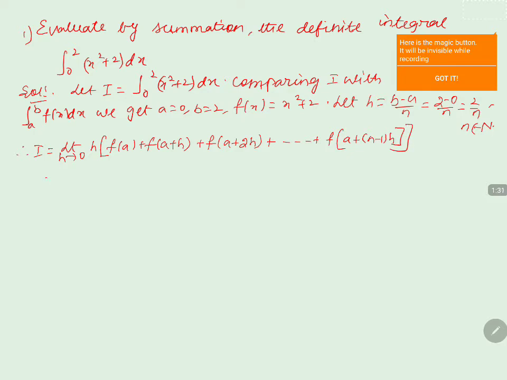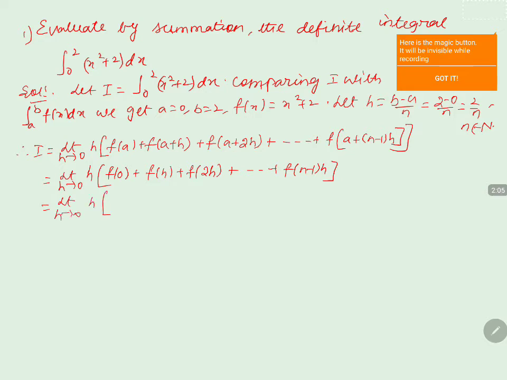Then we'll write it as limit h tends to 0, h will be outside, then we'll write it as f of 0 plus f of h plus f of 2h plus so on plus f of (n minus 1) into h.